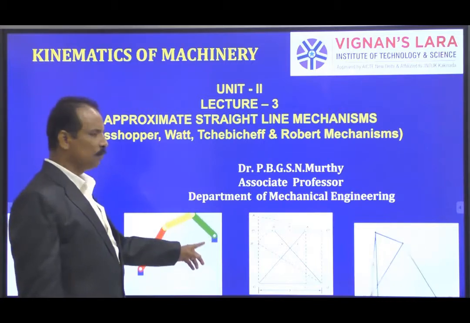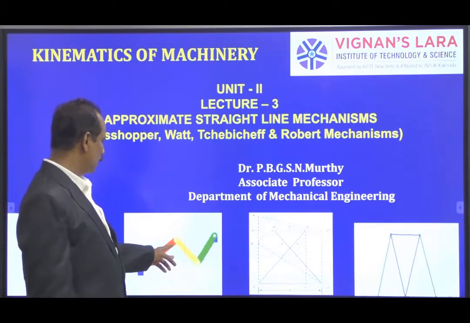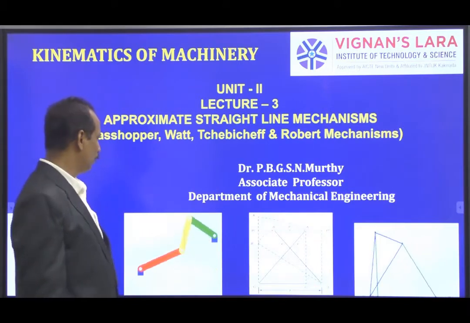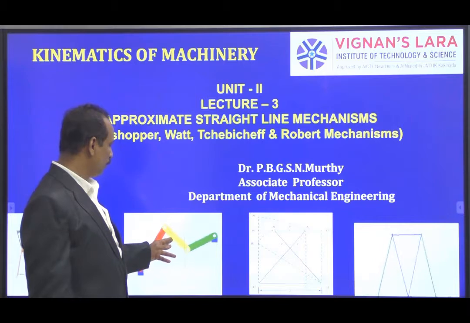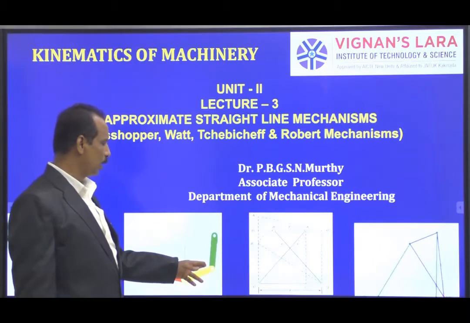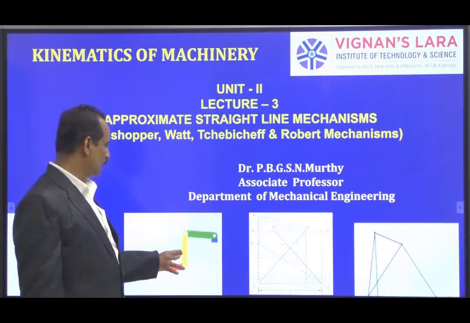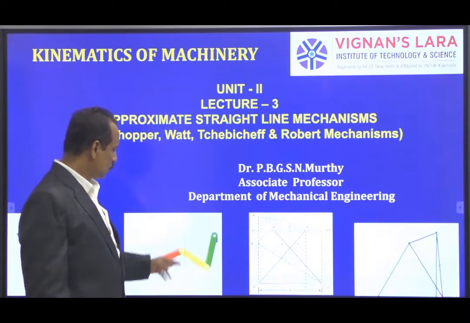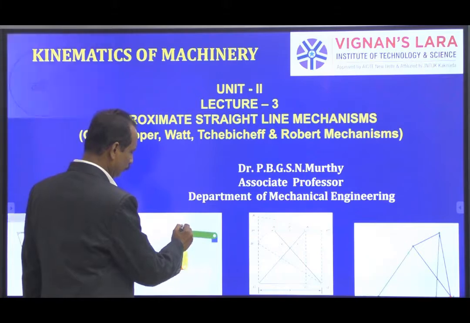All of these are turning pairs. The midpoint of the middle link, the yellow link, is tracing a line.